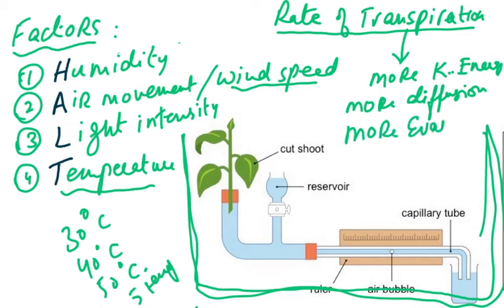Because you see, evaporation is the basic need before transpiration can occur. The liquid water has to convert into a gas, so it has to be evaporation. So more kinetic energy will mean more diffusion, will mean more evaporation. And water vapors also have to diffuse out of the leaf through the stomata.